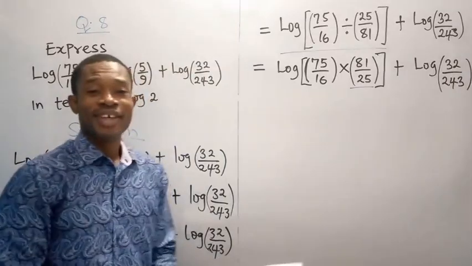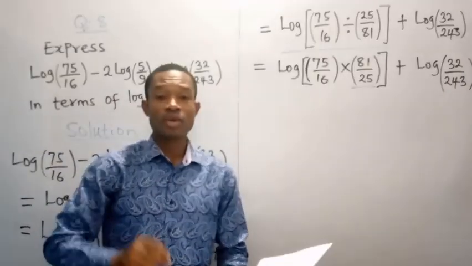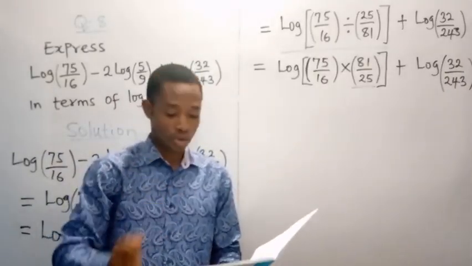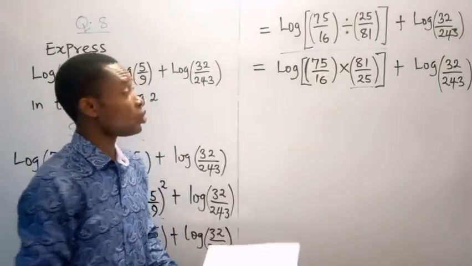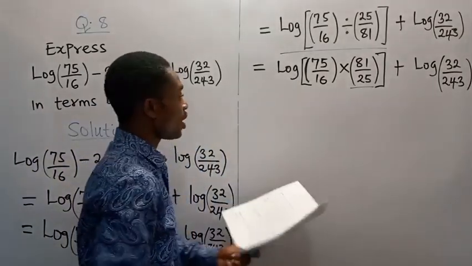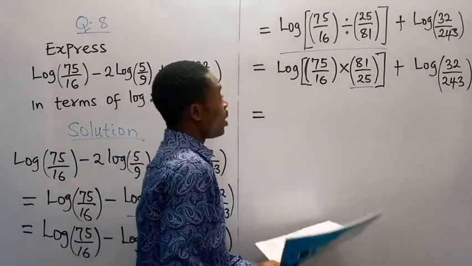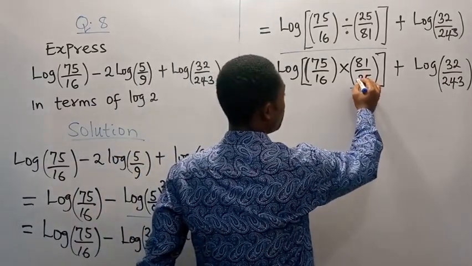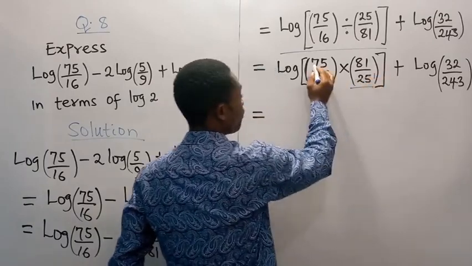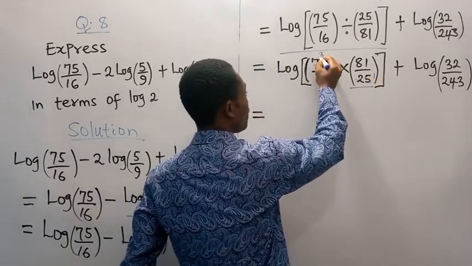We are moving on. In the next step, you have equal to box plus log 32 over 243. So we need to simplify this term to get the term that should be in the next box. And simplifying this, 25 can reduce. 25 divided by 25 is 1. If 25 goes into 75, you'll get 3.